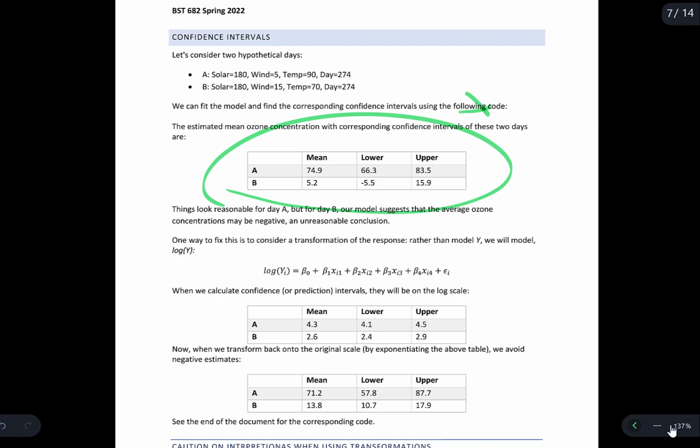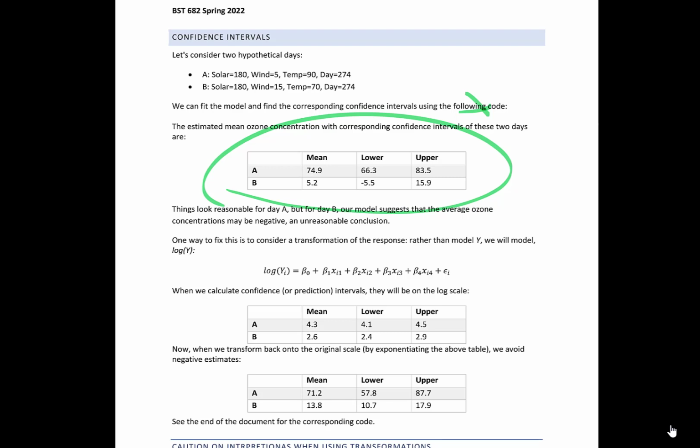Notice that things look reasonable for day A, but for day B, our model suggests that the average ozone concentrations may be negative, which is a pretty unreasonable conclusion. This can happen sometimes. If you make a confidence interval, you may end up with unreasonable values. One way to fix this is to consider a transformation of the response.